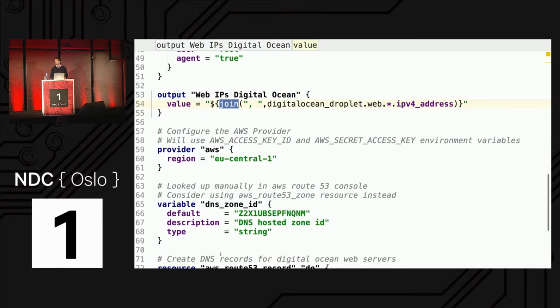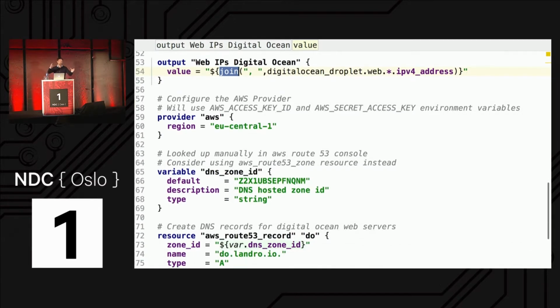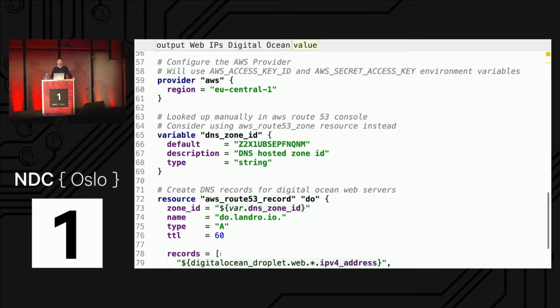I use this particular feature every day where I work, because we combine different clouds in one big infrastructure. So here I'm, guess what, configuring the AWS provider. I'm going to talk to EU Central. Now, it turns out DNS is worldwide, so it doesn't really matter. Things will propagate worldwide. And this is the DNS zone ID.